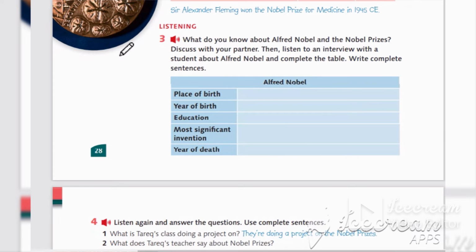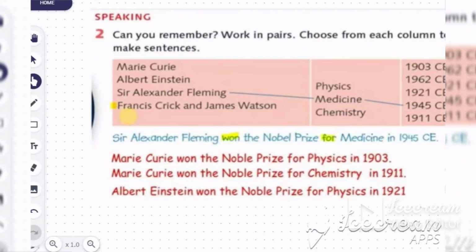Tariq wants to be a scientist in the future and he wants to win a Nobel Prize in Science. So this is the summary of what you have listened to. Now you can answer this table about Alfred Nobel, about his life, his education and the year that he died in. I've answered it for you and there it is.